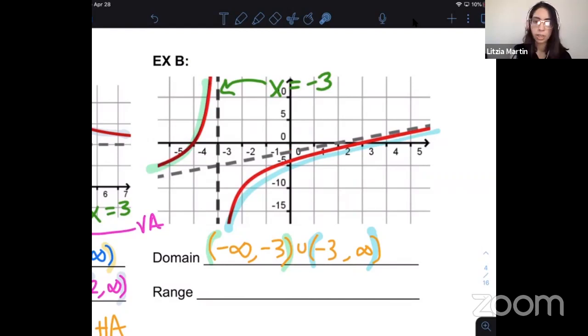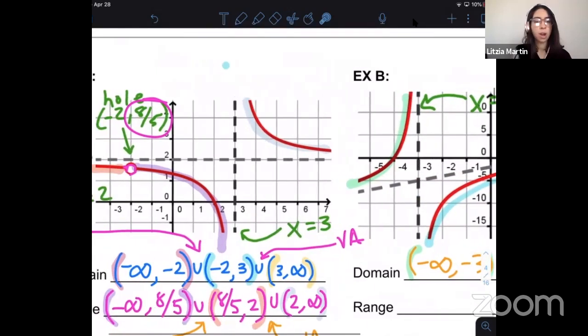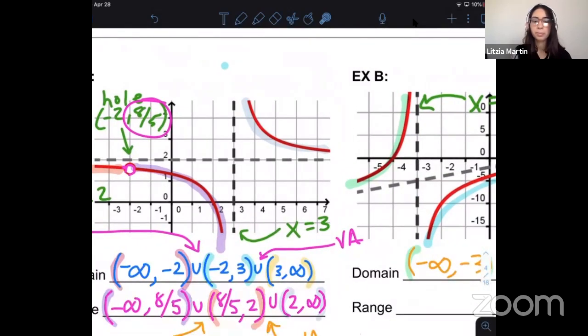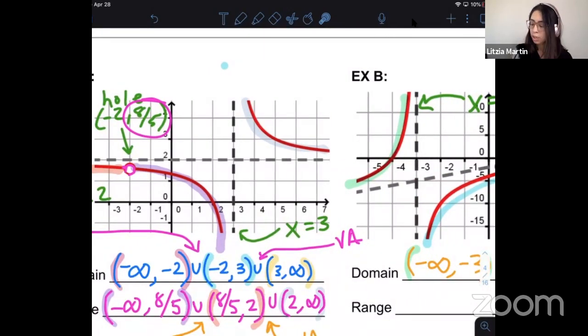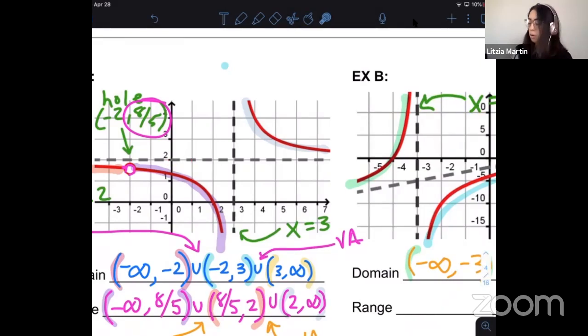There's a place over here, and there's also a place over here on this side. So if we think about it on this graph, jumping back over here, +2 is one of the only places, aside from the hole, where there's no place where I can find a point that matches with it.